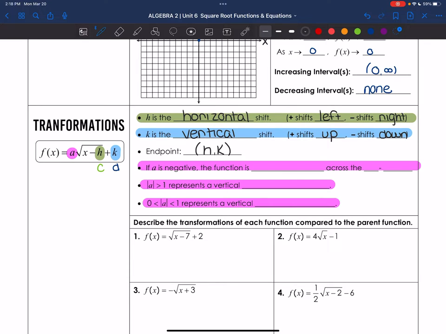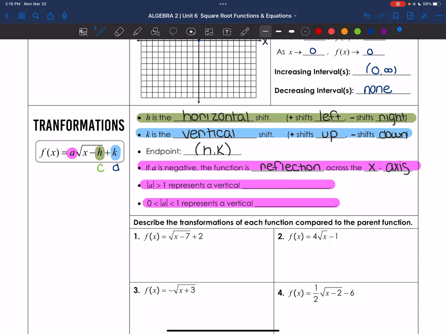Now, I've also got highlighted here in pink the a value. If there's something in front of your square root, like a negative, if that a value is negative, then what's going to happen is called a reflection. It's a reflection across your x-axis that will occur.